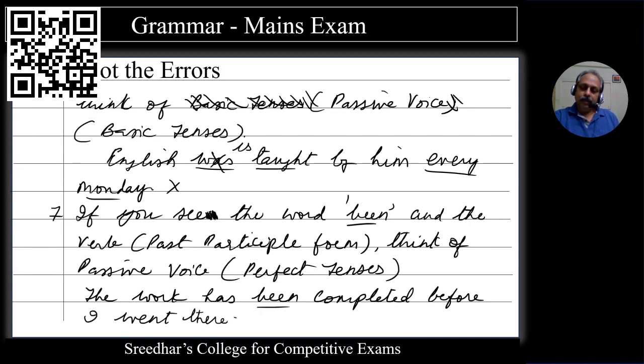When you see been completed, the word been, past participle form of the helping verb to be, and verb past participle form, then you should think of passive voice. But what is the context here? Two actions. First action, second action. Before, what is the clue? Before. I went there. Second action, it should be in past. Nothing wrong with this. But the first action, it should be in past perfect passive voice.